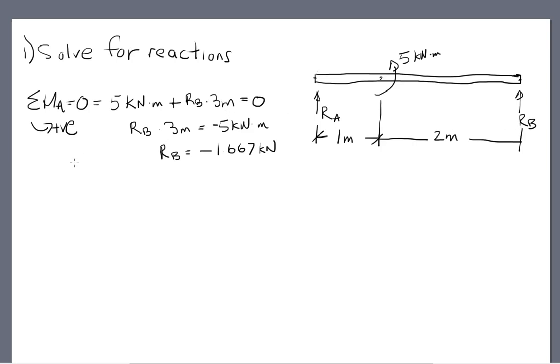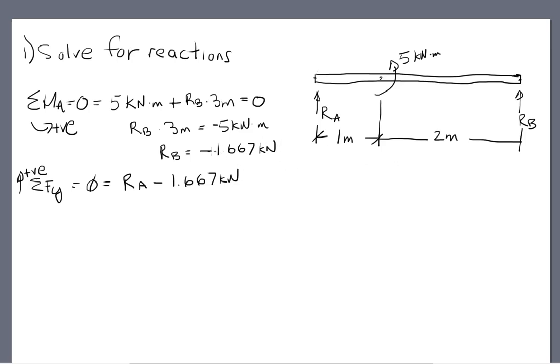So what we can do now is sum all the forces in the y direction, which is this way, and we're going to call this positive. All of this equals 0 because it's a static situation. So we're going to have R_A plus R_B, but R_B is negative, so it's going to be minus 1.667 kilonewtons.